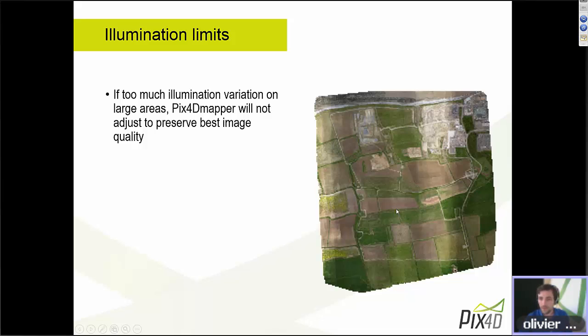If we would make the whole illumination similar on the whole data set, you would lose a lot of content in terms of contrast, because every time you change the contrast and try to adjust automatically when there was no data at that exact brightness before, you are making the quality of the orthomosaic locally much worse. So that's the reason why Pix4D does not adjust it for very, very large areas which have illumination changes, but does it on a local scale.